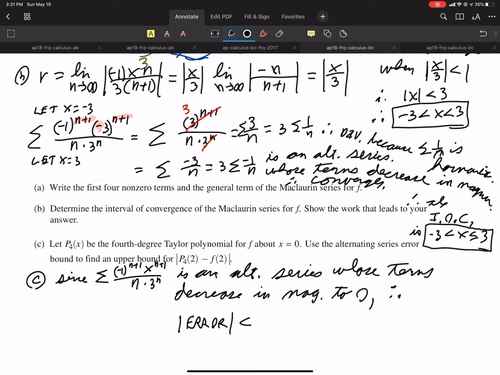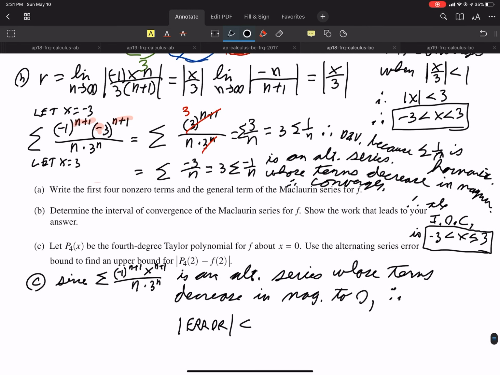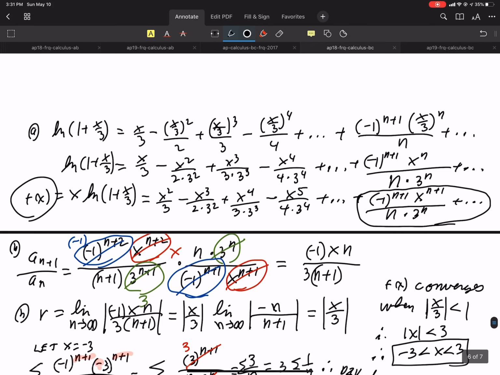What's the next term? Well, which term did we go up to here? We went up to the 4th degree term. We want the 5th degree term. We never found the 5th degree term, or did we? I think we did in part A. We did. It's right here. You can see that. Let me do it in red because you're not. So we found the 5th degree term. So it's the absolute value of the next term.